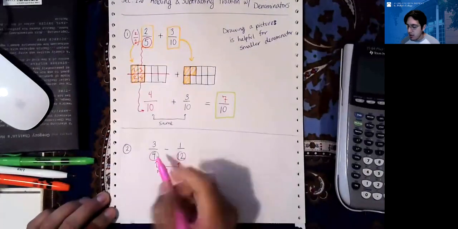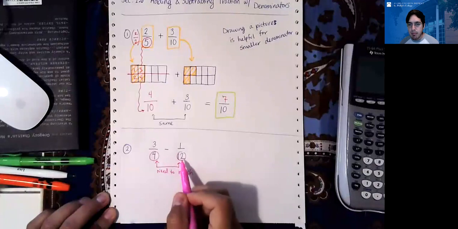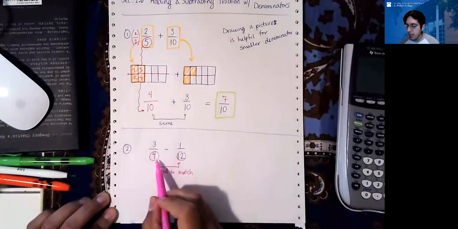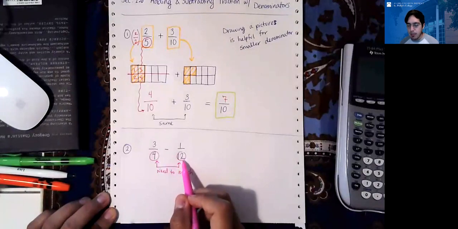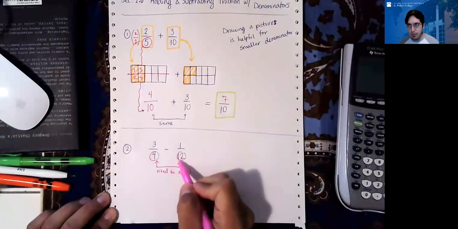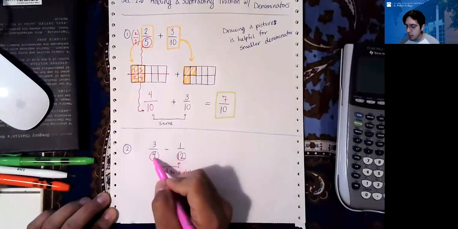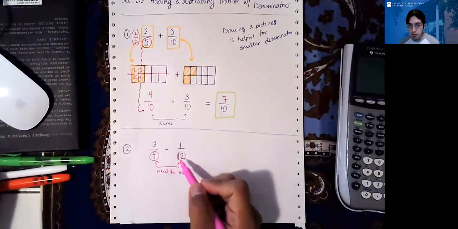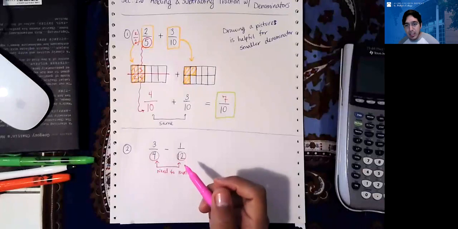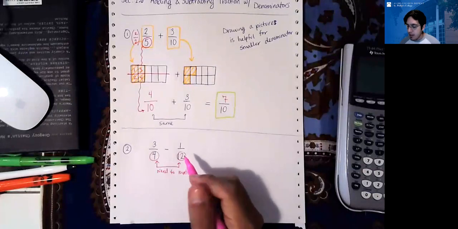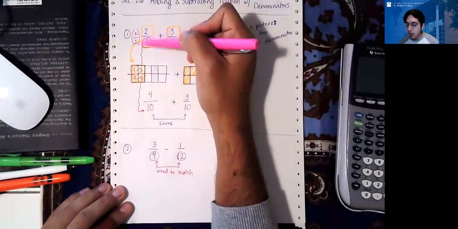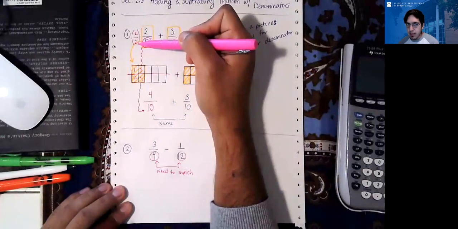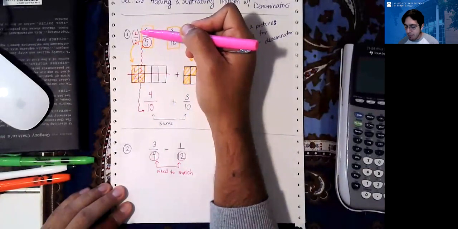So if I can look at my two denominators, make a comparison, you might try this strategy. 12 is a larger number. Can I multiply a number by 4 to make it turn into a 12? 3. Yeah, 4 times 3. So 3 is the number that I need to use here. And just like on this last problem, if I multiply that number on the bottom, I also have to multiply that number on the top.